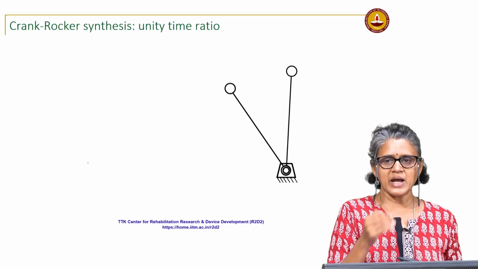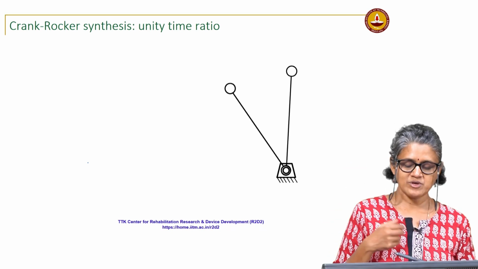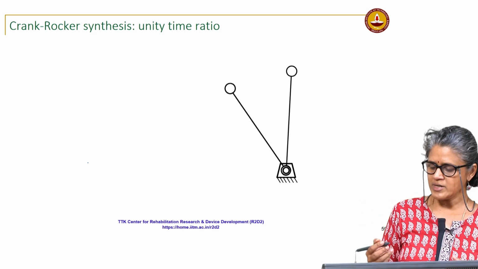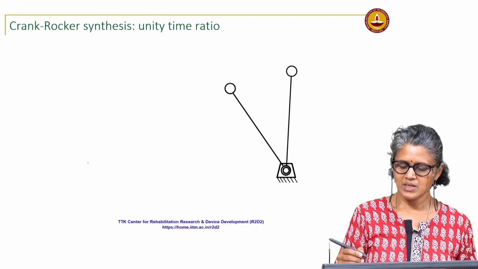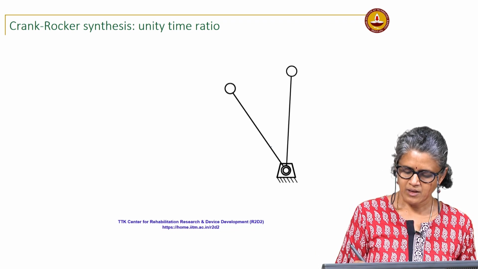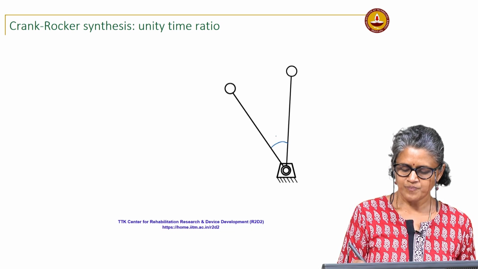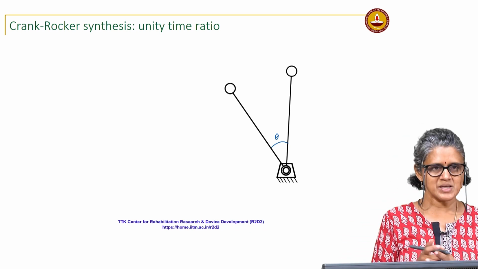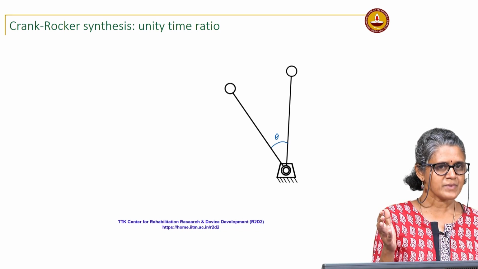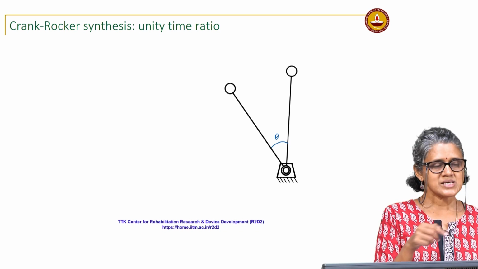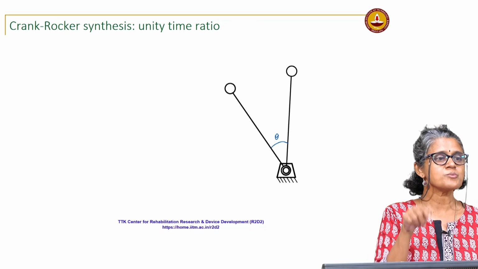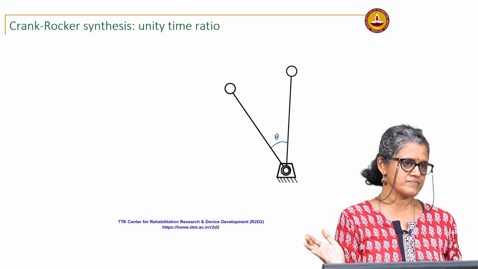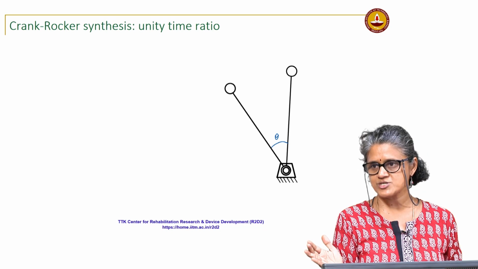So the other practical problem that we usually encounter is where you want the rocker to move through a certain angle, move between two positions subtending a certain angle, and you want the input to be continuous. So I want this to rock back and forth between these two limit positions.